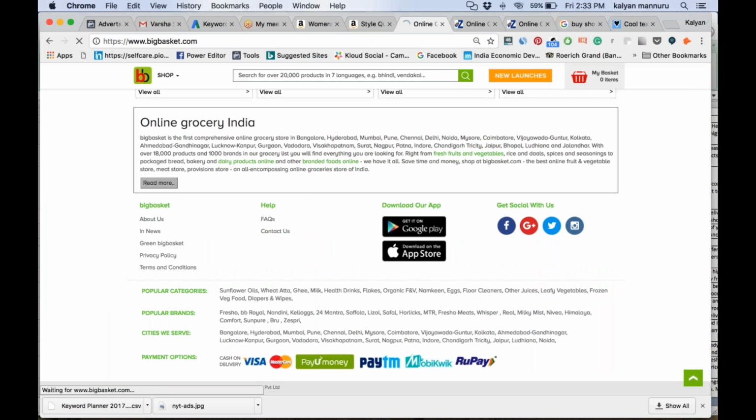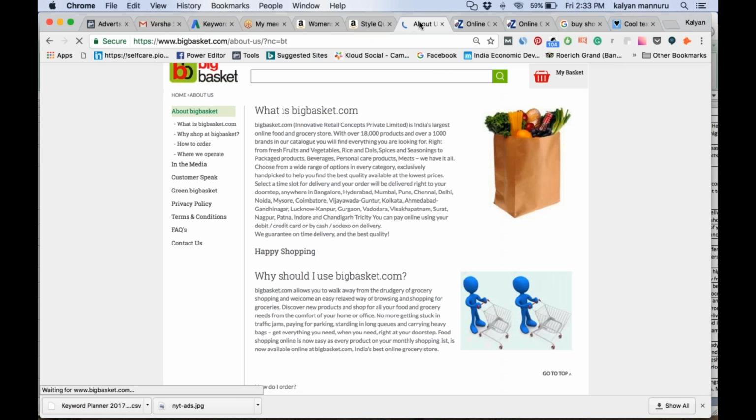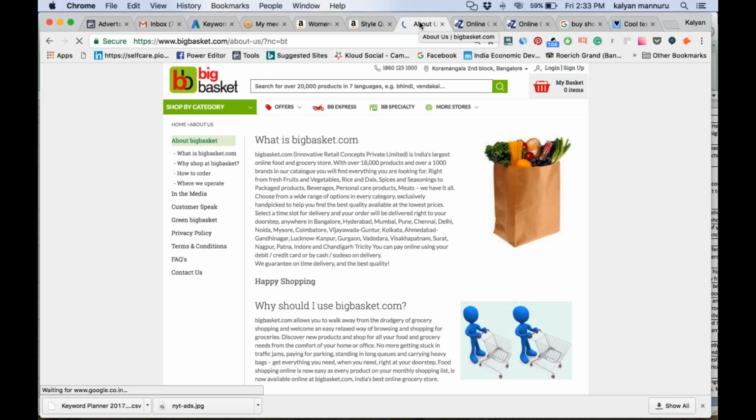He just named it about us. So only if someone is searching for about us, or about bigbasket.com, will they land here. But if someone is searching for about big basket, they would not be landing here because there is a URL he has entered in it.